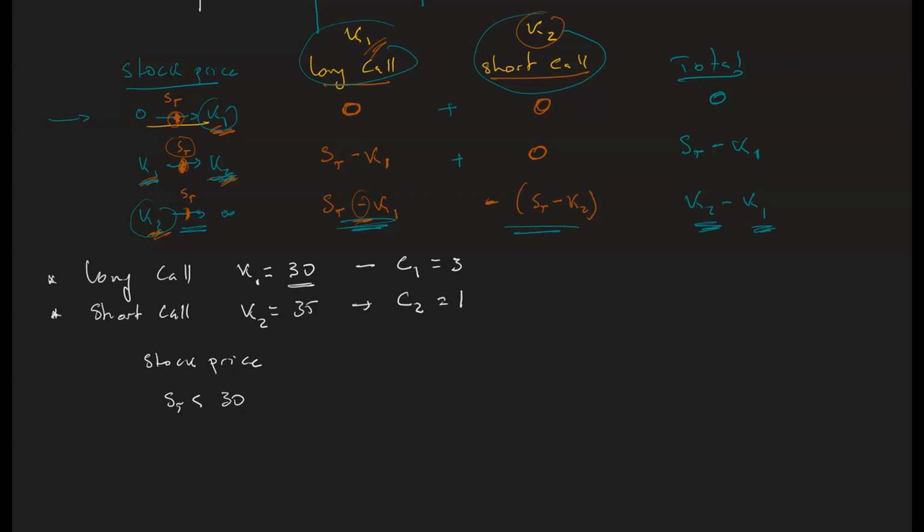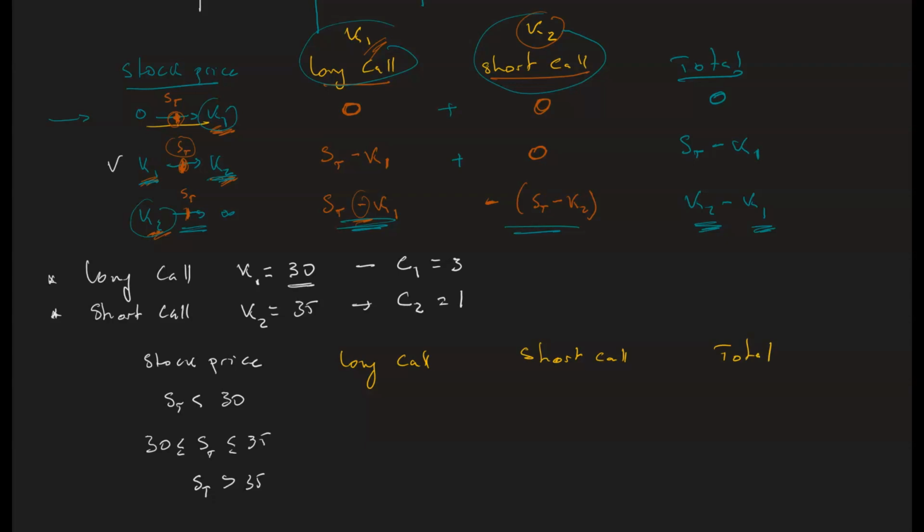The stock price can also be between 30 and 35, which is the second scenario, and the stock price can be greater than 35. That's the last scenario. Now, here we have the payoff of our long call, our short call, and our total.